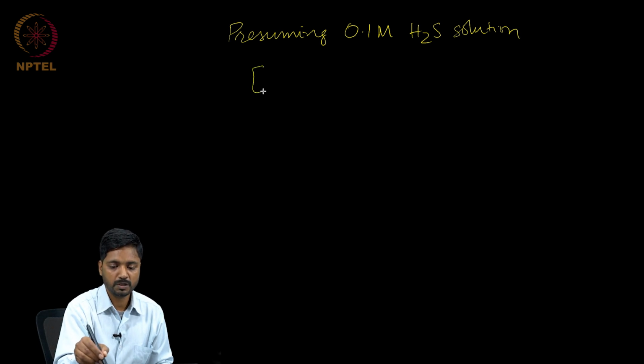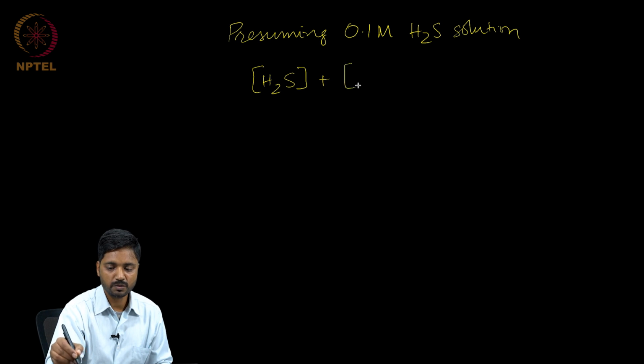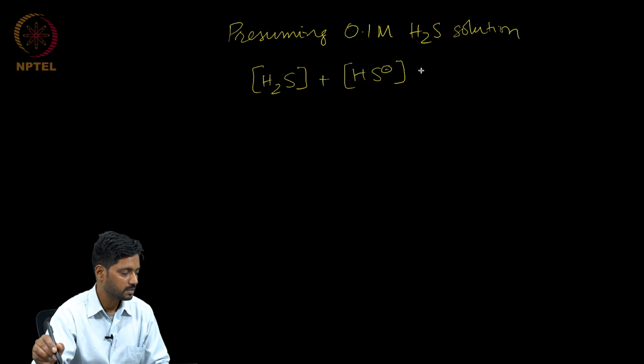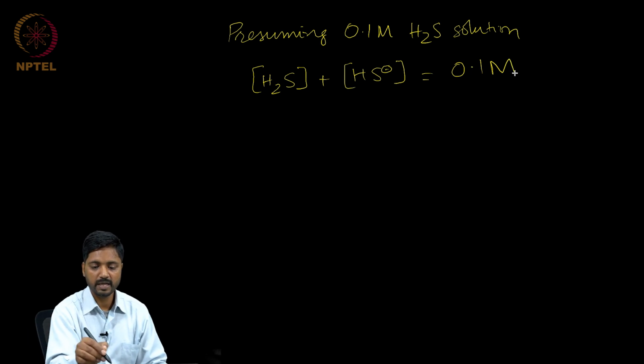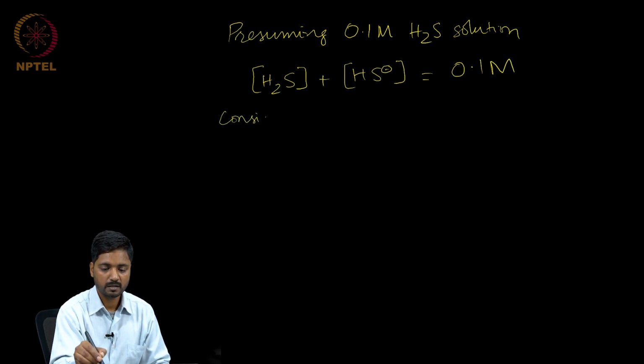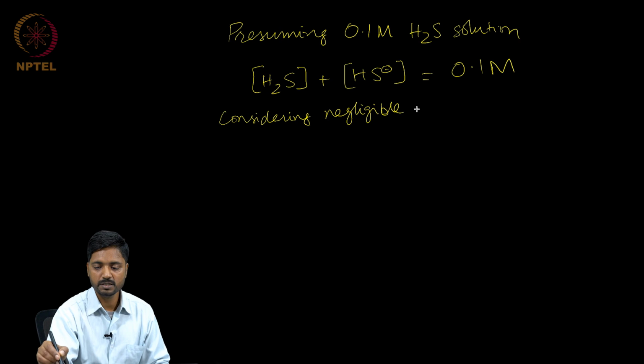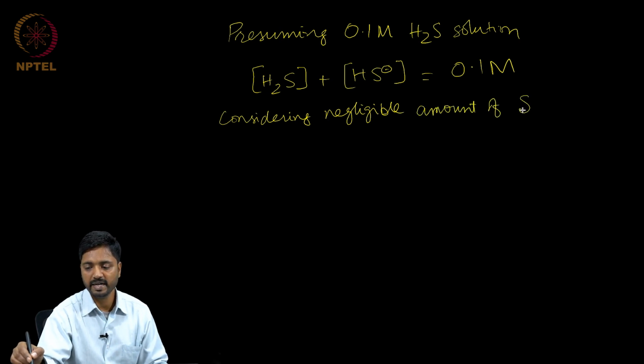What we observe is that the equilibrium concentration of H2S and HS minus is now equal to 0.1 molar, considering negligible amount of sulfide ions are present.